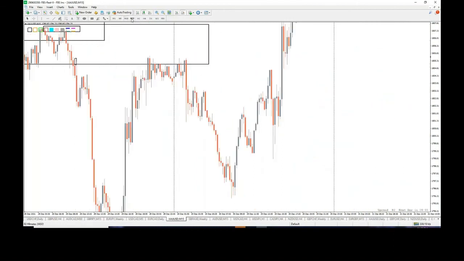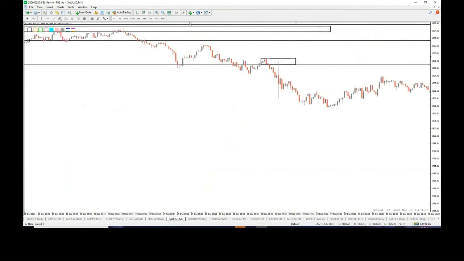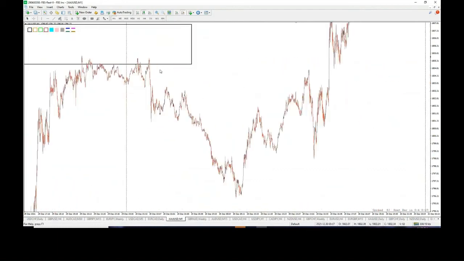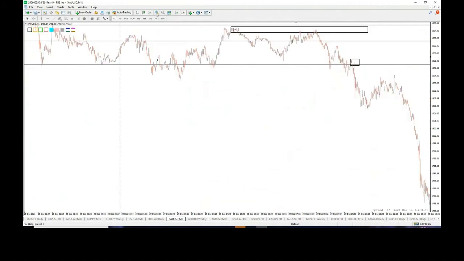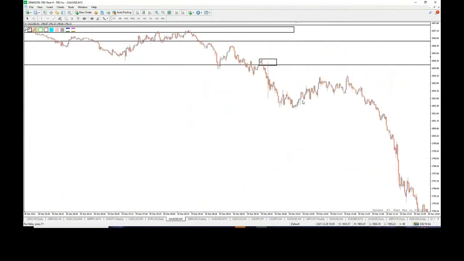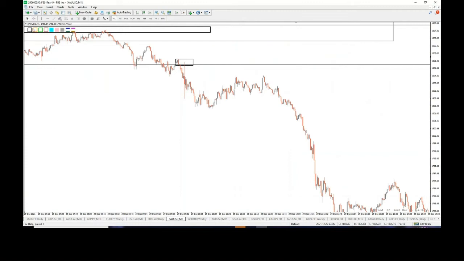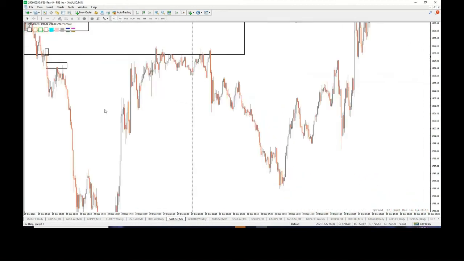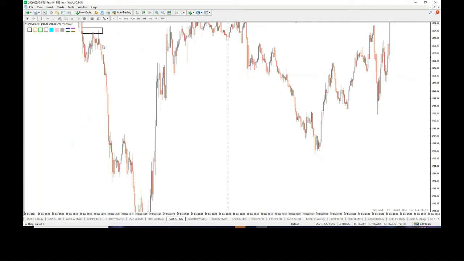You have to find your re-entry on M1, but it's a bit complicated. The faster price is moving, the lower the time frame you want to use. It's always the same thing if you understand the movement. There you go. God, that would have been a hell of a trade.